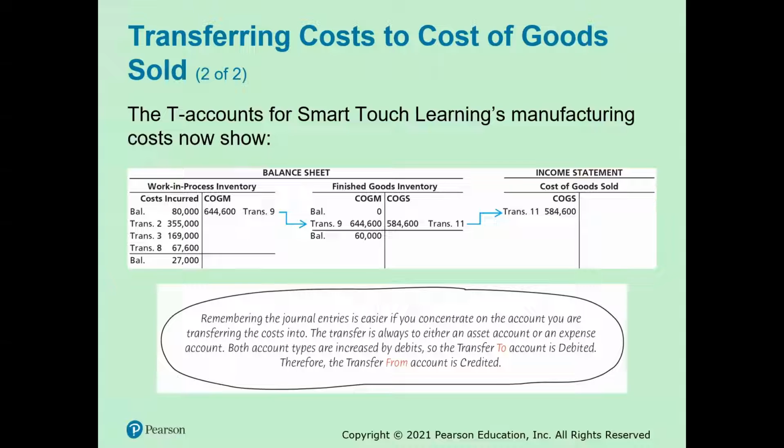There will be a debit for the cost of goods manufactured, the balance of 0, for transaction number 9, $644,600. The income statement, which is the cost of goods sold, will have transaction number 11, the $584,600 for the cost of goods sold.